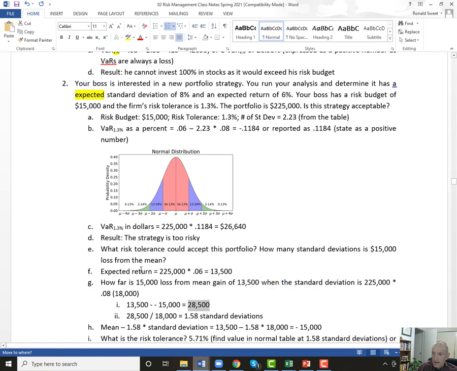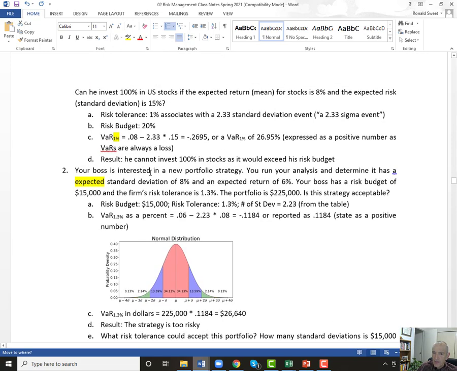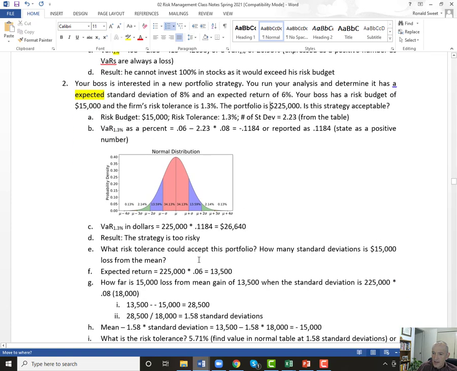All right. Now, what is our standard deviation? Well, our standard deviation is 8%. What is 8% of $225,000? 8% times $225,000 is $18,000.